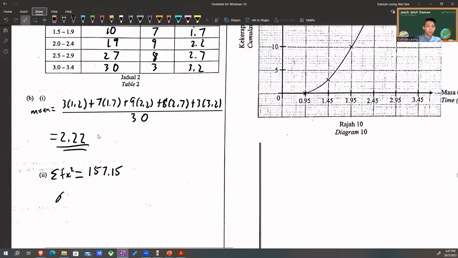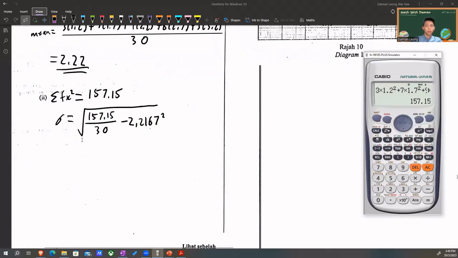So standard deviation is the square root of the sum of fx squared over total frequency 30, minus the mean squared. For this one, it's better to use small decimals actually. Yeah, then it will be more accurate.